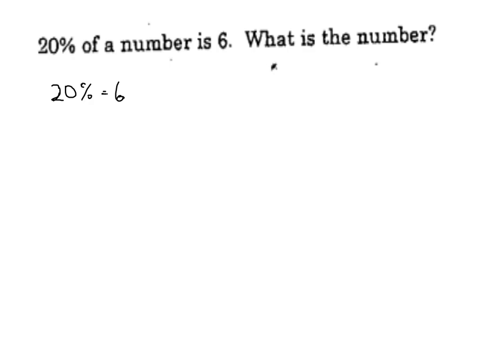We could work with it as a percentage, but if we could express the 20% as a fraction, it might be a little bit easier for us to reason out how to come up with the total, right? The number that we found 20% of. So 20% as a fraction. 20% would be 20 out of 100.